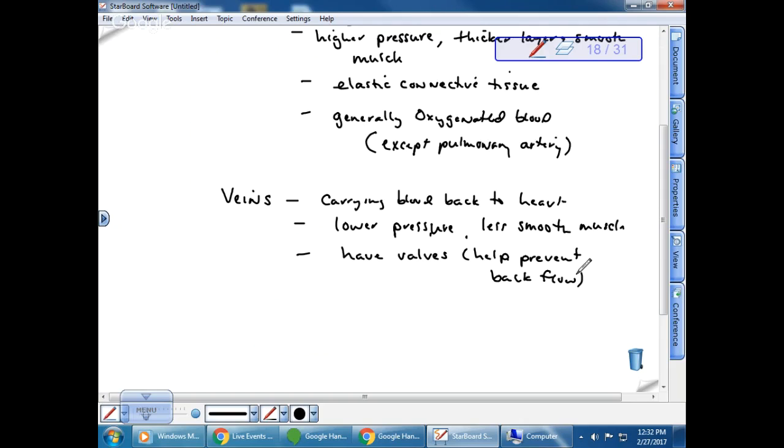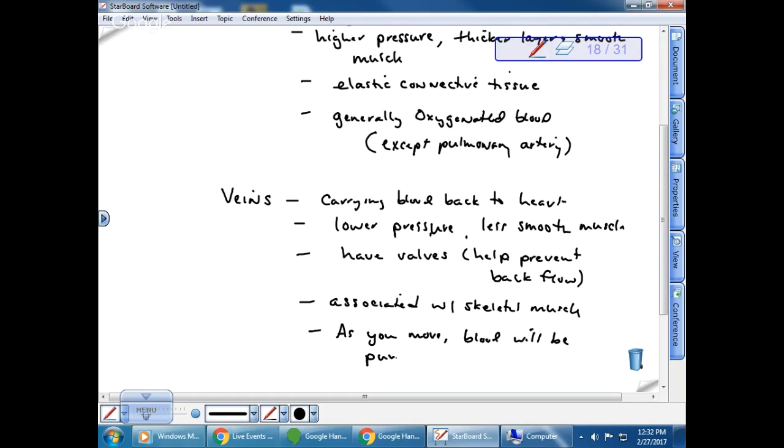These veins normally are associated with skeletal muscle. So as you move, blood will be pumped back towards the heart. This is why it is really hard when people have jobs where they're supposed to stand in one spot and not move.